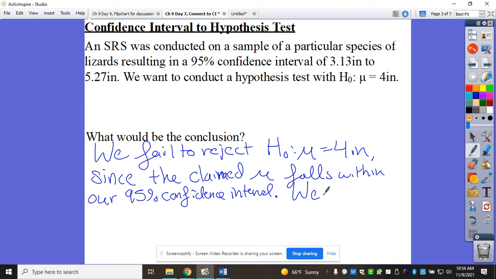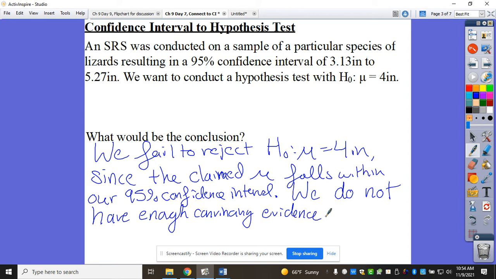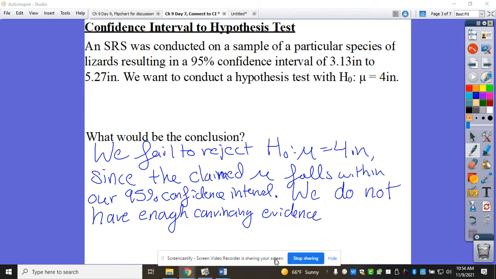We do or do not. So if we fail to reject, that means we do not. And what is it that we do not have enough convincing evidence to say? The alternate.